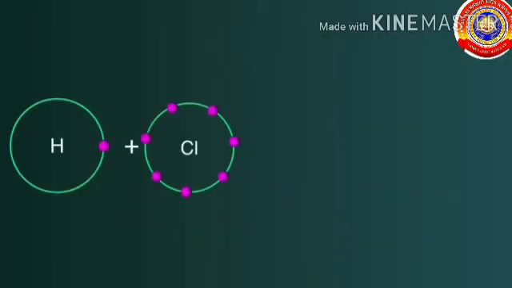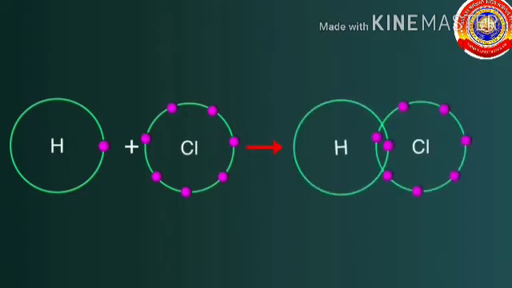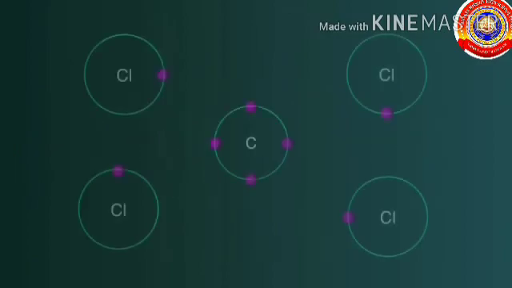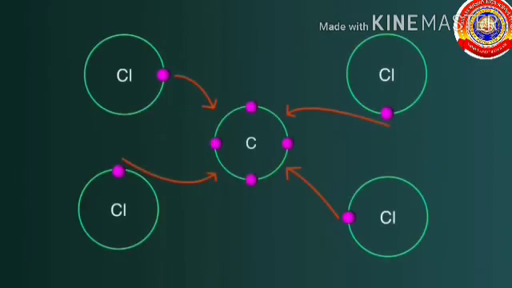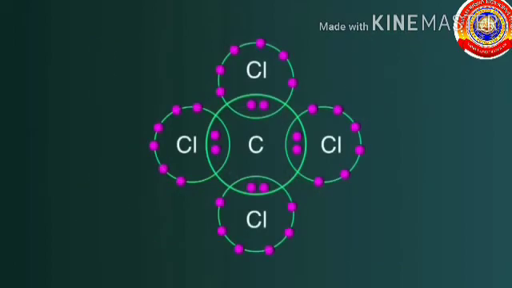In hydrogen chloride, hydrogen and chlorine share a pair of electrons with each other. And in carbon tetrachloride, 4 chlorine atoms share 1 electron each with a carbon atom. So from these compounds you will get an idea about the number of electrons transferred or shared between these atoms.